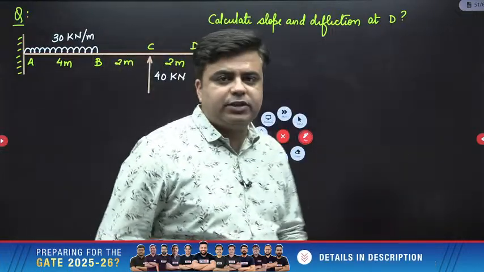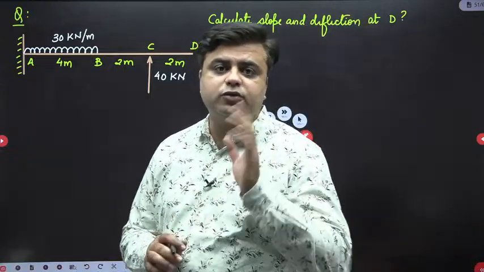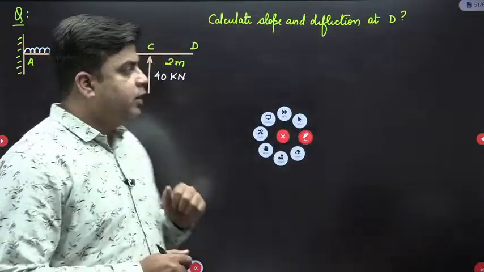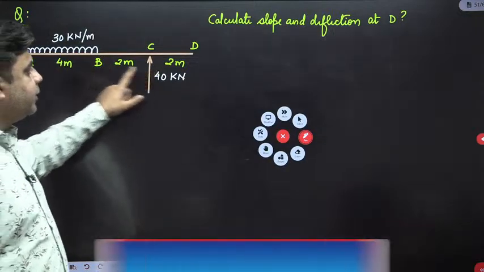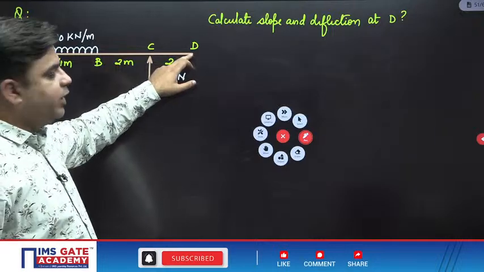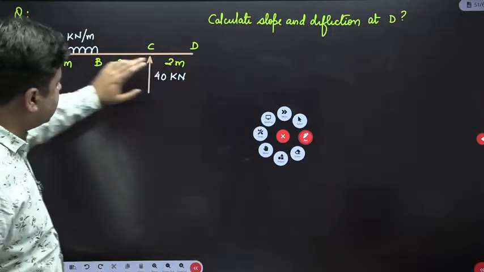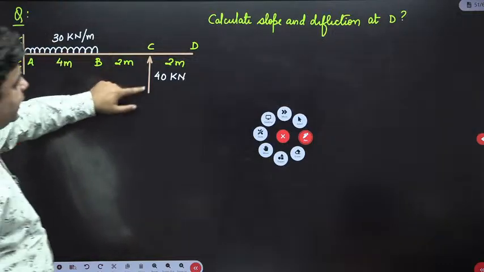In the examination, most of the questions that you will get will be solved from the principle of superposition. Let's see how to apply the principle of superposition here. You need to find out slope and deflection at point D, right? So slope and deflection at point D is the combined effect of this loading and this loading.